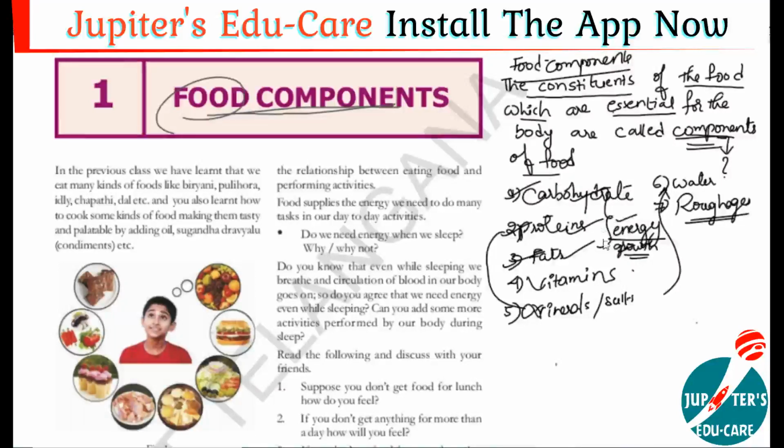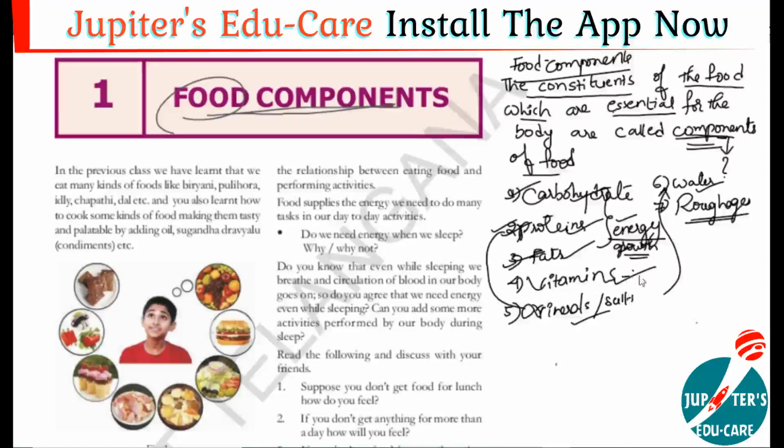Then the components which provide protection. Some food components protect our body from diseases by increasing the immune system. Those components are vitamins, minerals, proteins and water.